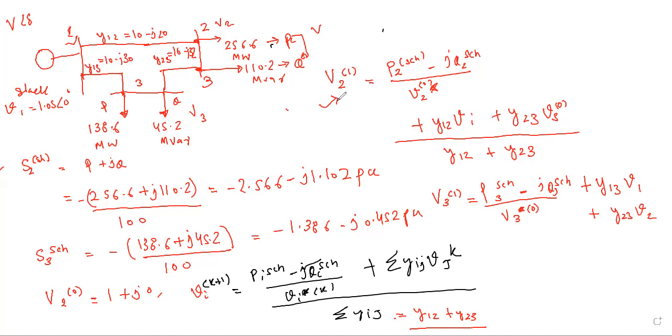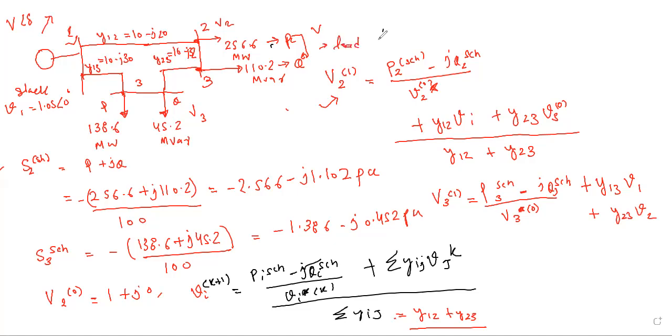Could you please write for V1 as well? V1 first iteration, no, V1 is the reference bus. See, this iteration will be done only at the load buses, right? V1 is the slack bus.